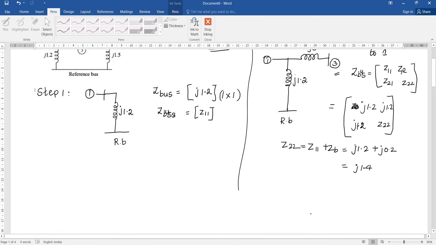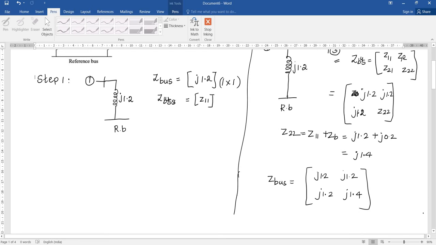Now I have to write the matrix again. This is step number 2: Zbus equals j1.2, j1.2, j1.2, and here j1.4.